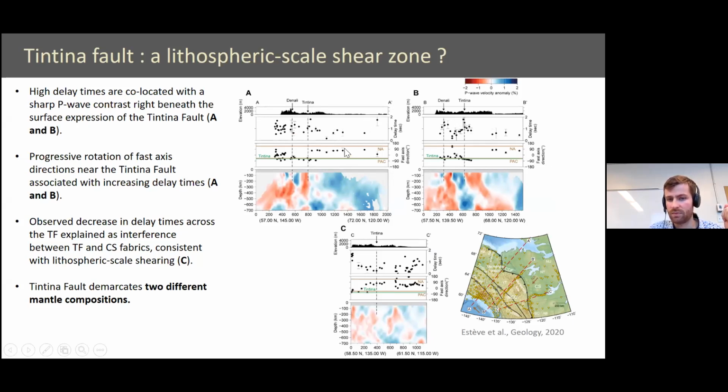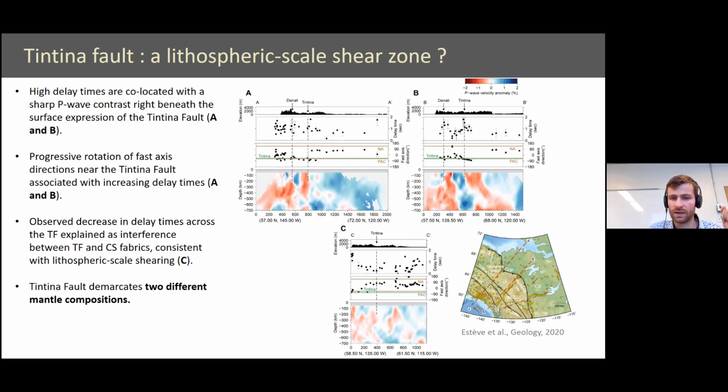Then you have the splitting parameters, so the delay time and the fast axis direction, and then the cross section through the P-wave model. The horizontal brown lines here show the absolute motion of the North American plate and the Pacific plate. And the green horizontal line gives you the approximate strike of the Tintina fault at the cross section.